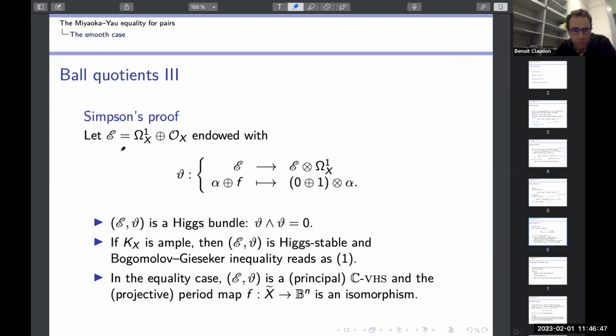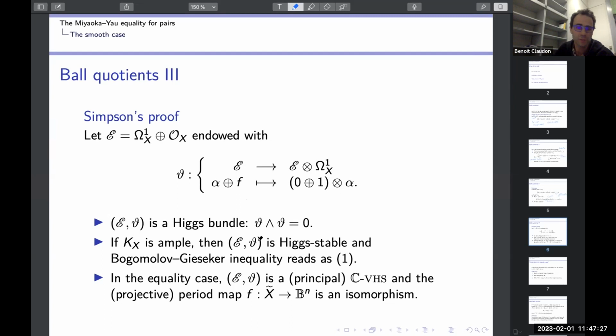We consider this bundle, Omega^1 plus O, which can be endowed with this map theta, a map from E to E tensor Omega^1. And this has the property that theta wedge theta is 0, so it's very easy to check with this formula. And so this (E, theta) is the so-called Higgs bundle.